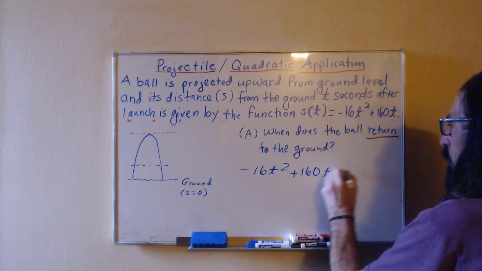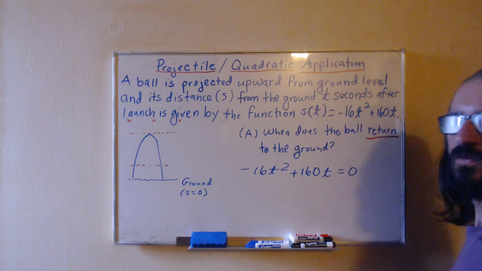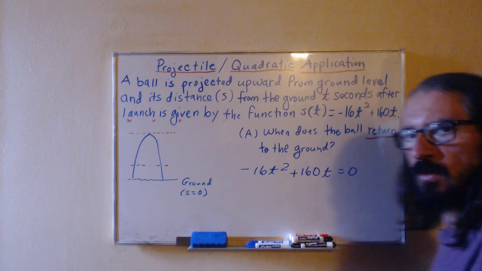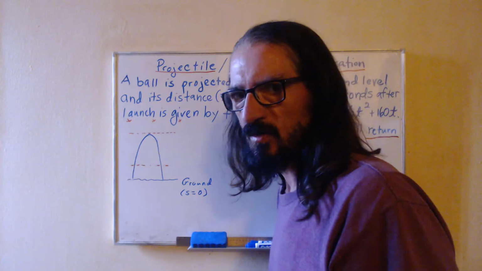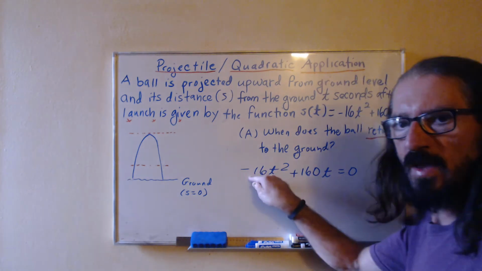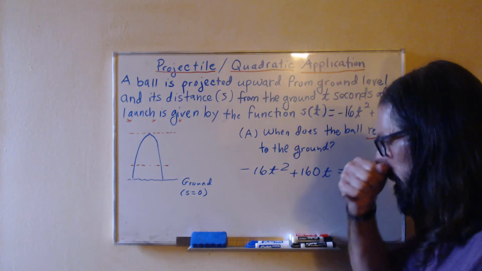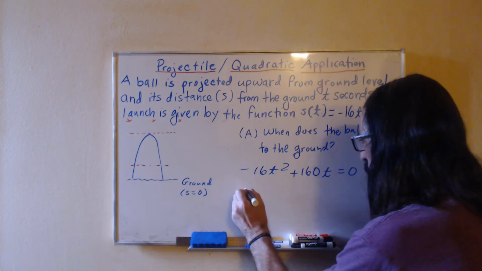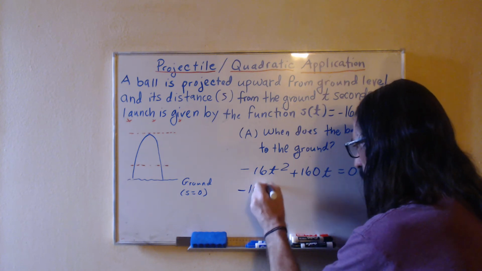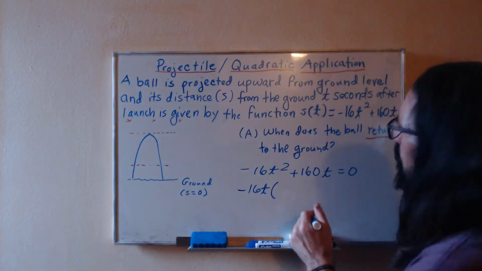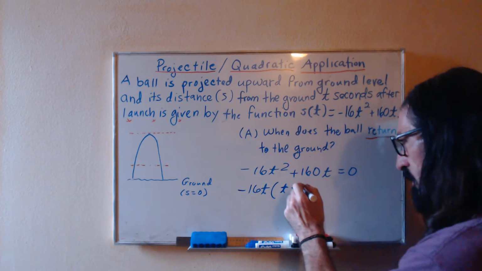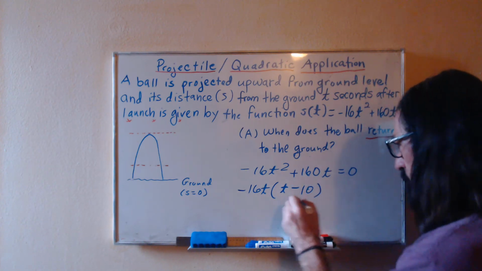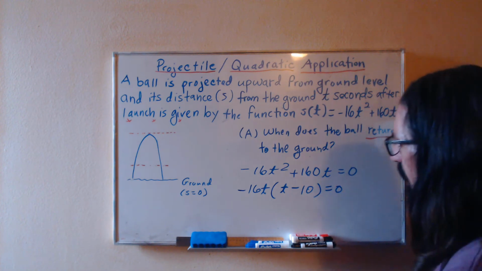The most straightforward way to solve that quadratic equation would be to factor out the greatest common factor and make it negative because the lead coefficient is negative. So I'm going to factor out a negative 16t, and that will leave me with t minus 10 as the other factor.